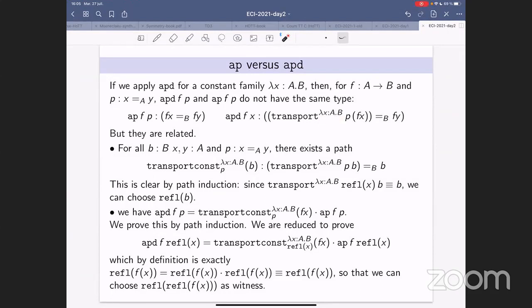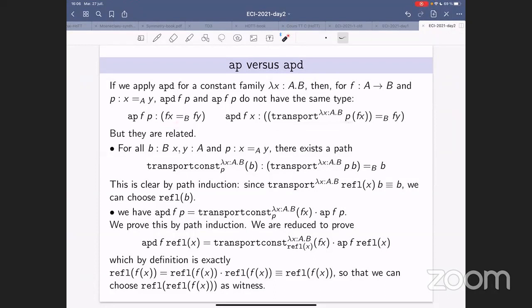B. And app D F x, according to our definition, is a proof that transporting relative to this constant family along p, the element Fx is equal to Fy. So you see that this guy here is not this guy. But we can prove that they are equal. But this is propositional, so it's not definitional.